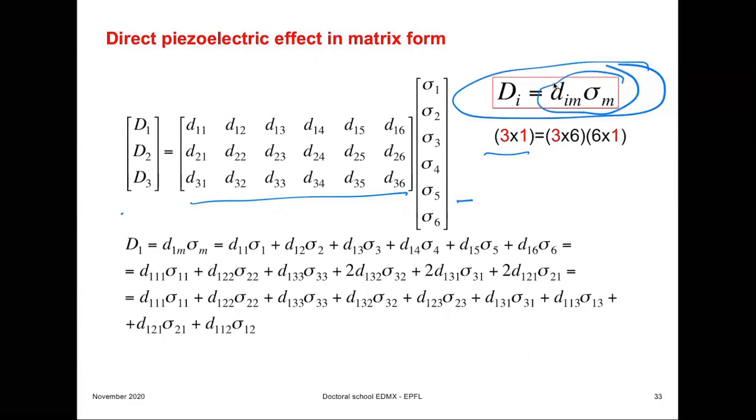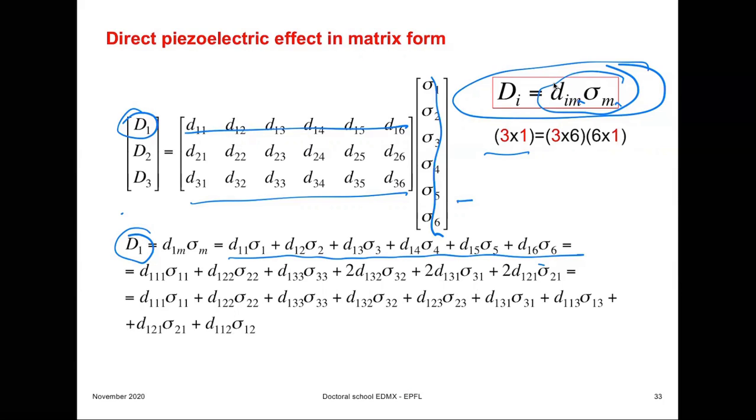Remember, Einstein convention, repeated indices, it's actually a sum, and we write it like this. For example, for this first component D1, we multiply this by that. We write it like that, and then we can develop it into the full format.